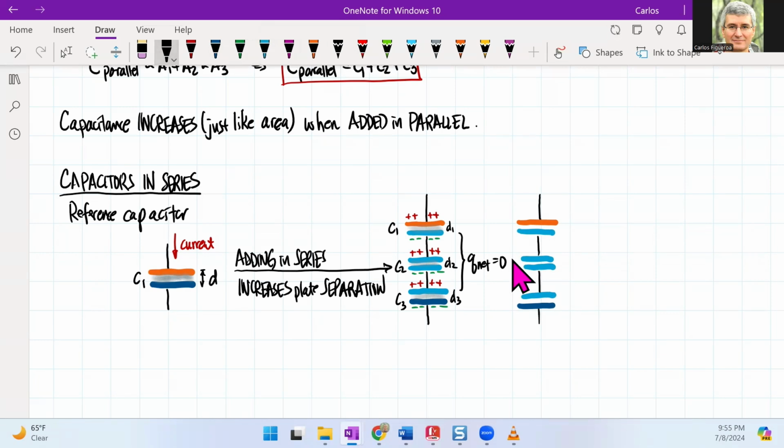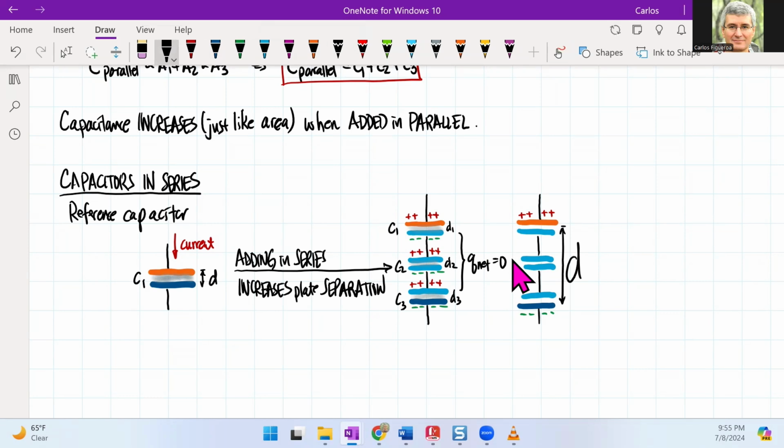But this is what I want you to think about. That if this is positive and down here is negative, what you're seeing here is that by adding them in series, I am effectively doing what? I am separating the top and bottom plate with a larger distance.